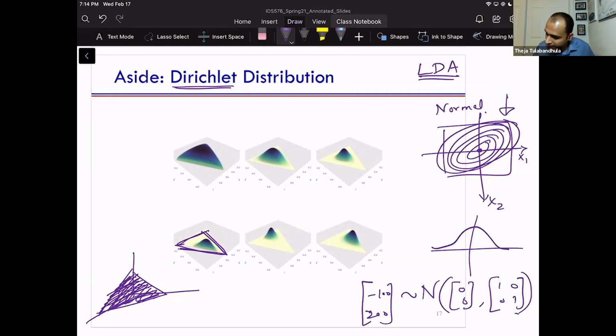It has intersections at 0, 1, 0; 1, 0, 0; and 0, 0, 1. Let's say this is x, this is y, and this is z. So think of a plane which is a little bit tilted, right?